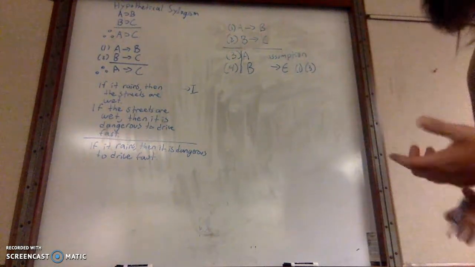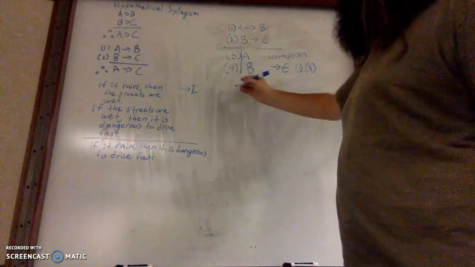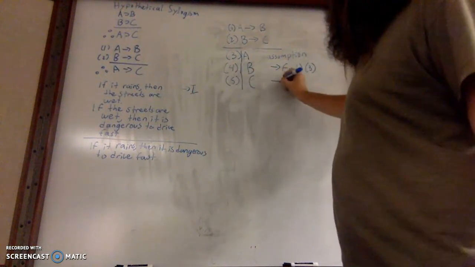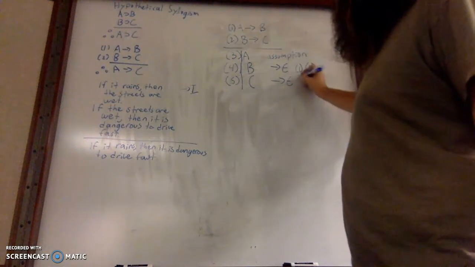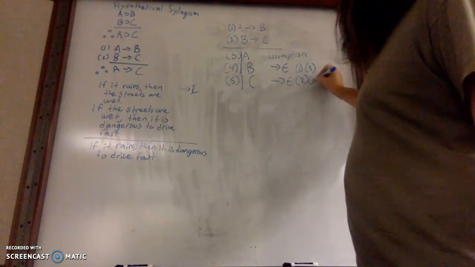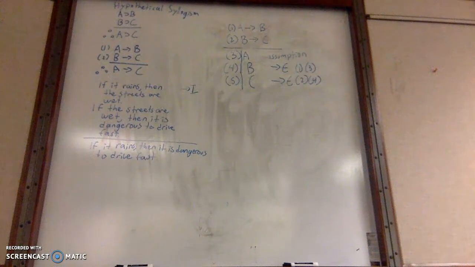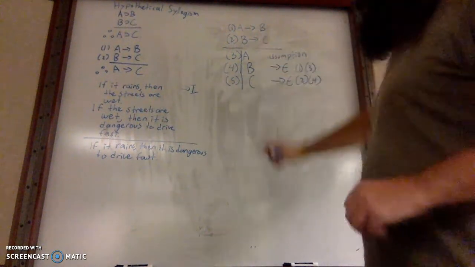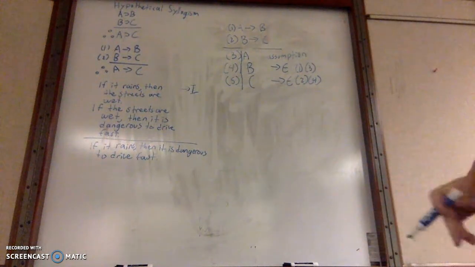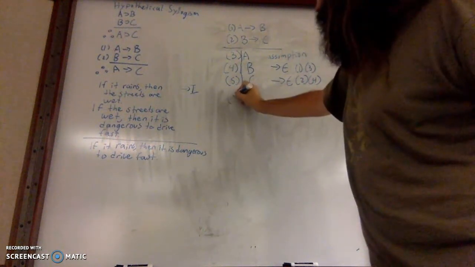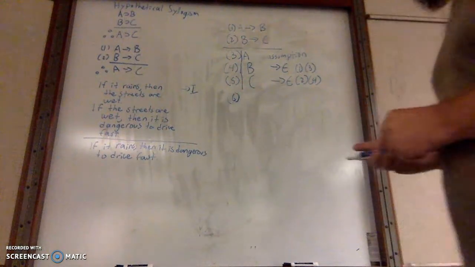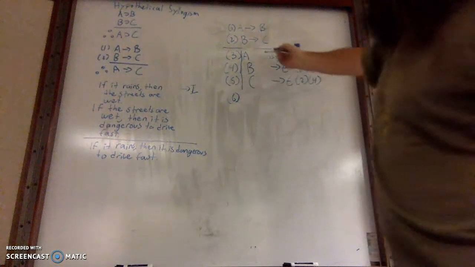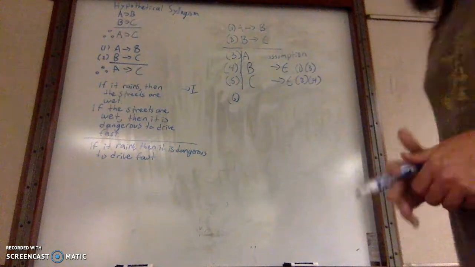If I have B, then what can I do? Well, I can do the same for the next conditional and get C, another conditional elimination with 2 and 4. So now I go from A to B to C, and I can use that to introduce a conditional, because the course of this assumption basically sets up a conditional.